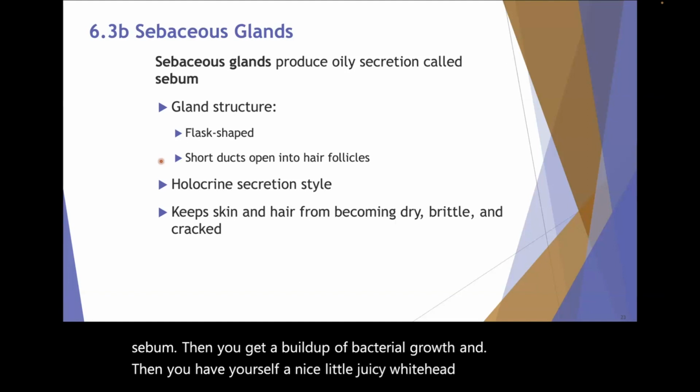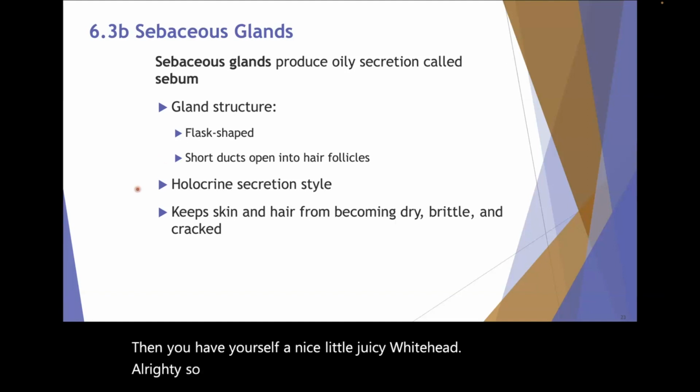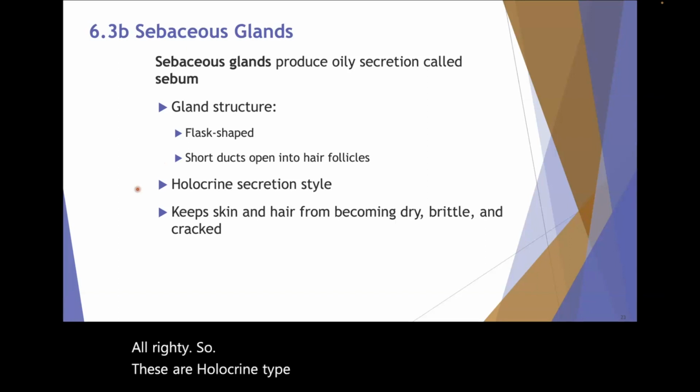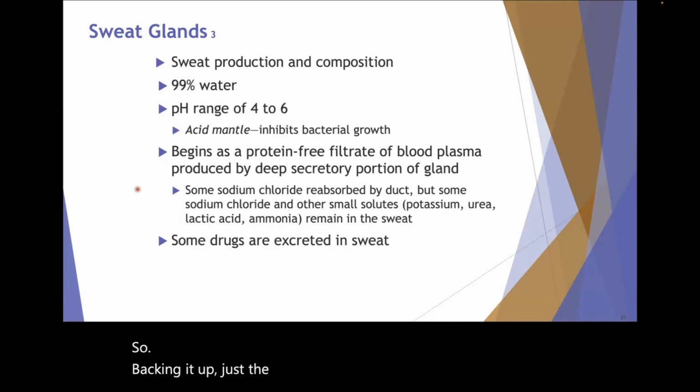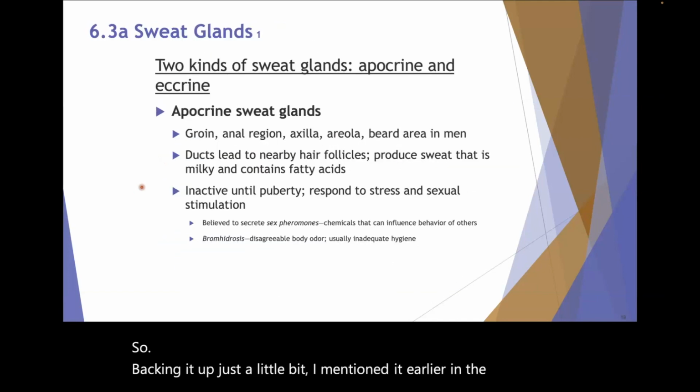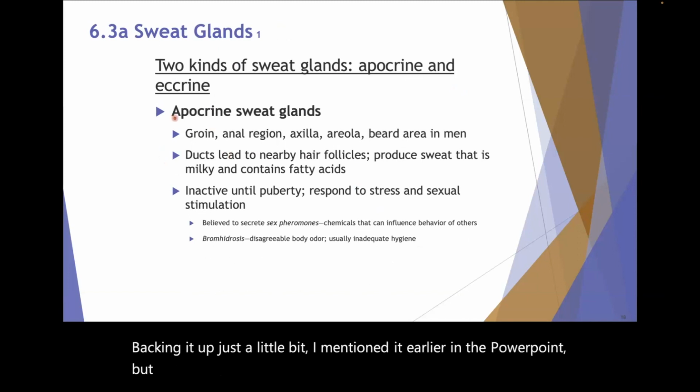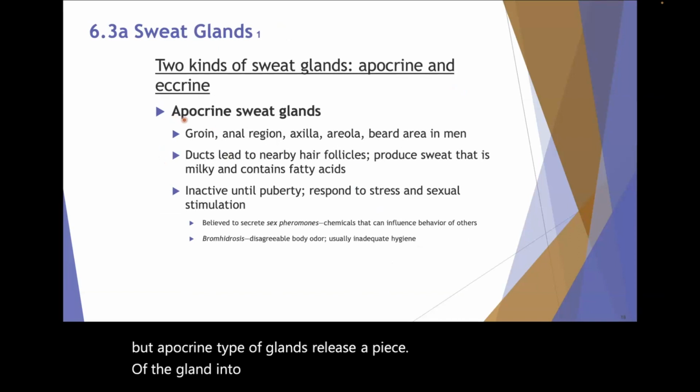All righty. So these are holocrine type of glands. Backing it up just a little bit, I mentioned it earlier in the PowerPoint, but apocrine type of glands release a piece of the gland into its excretion, a piece.